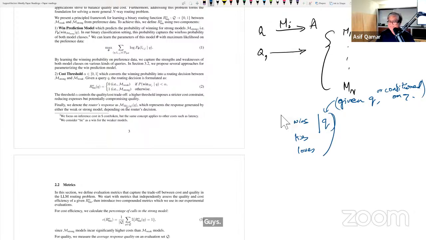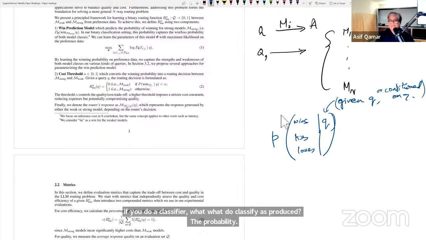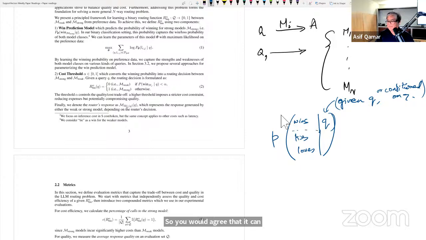For each of these, given a query, all you can have is a model. Machines just come up with probabilities, right? In machine learning and predictive analytics, if you do a classifier, what do classifiers produce? The probability. So you would agree that it can only find these three probabilities, right?